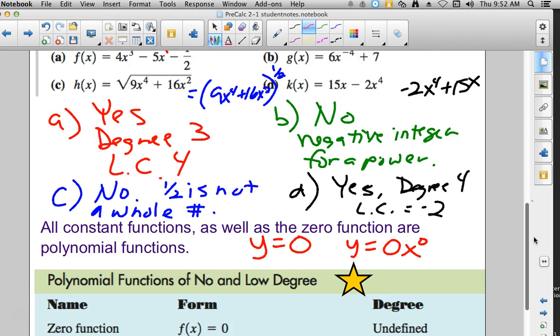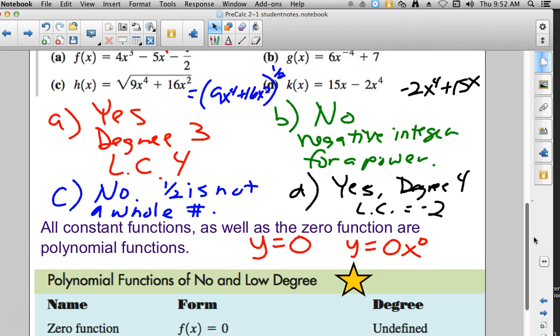So that counts as a polynomial function because 0 is a whole number and it'll work. But if we have anything that is being raised to a power that's a fraction, a decimal, a negative, it's out. It's not a polynomial function.